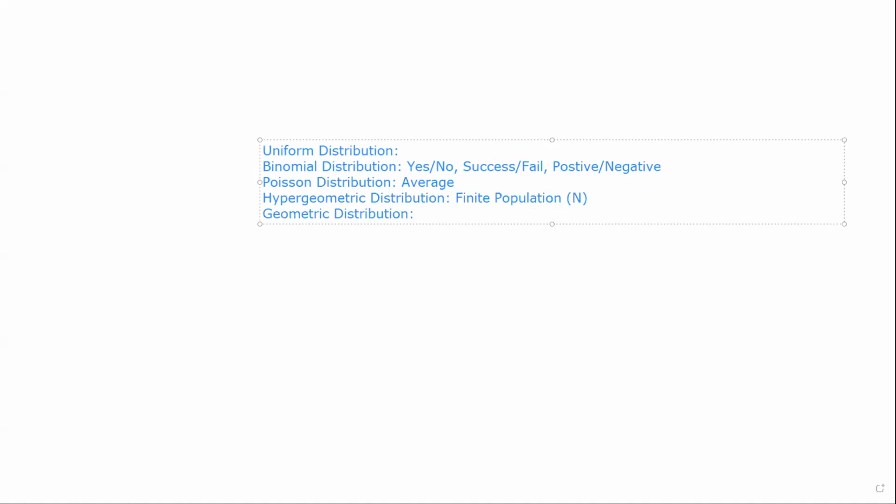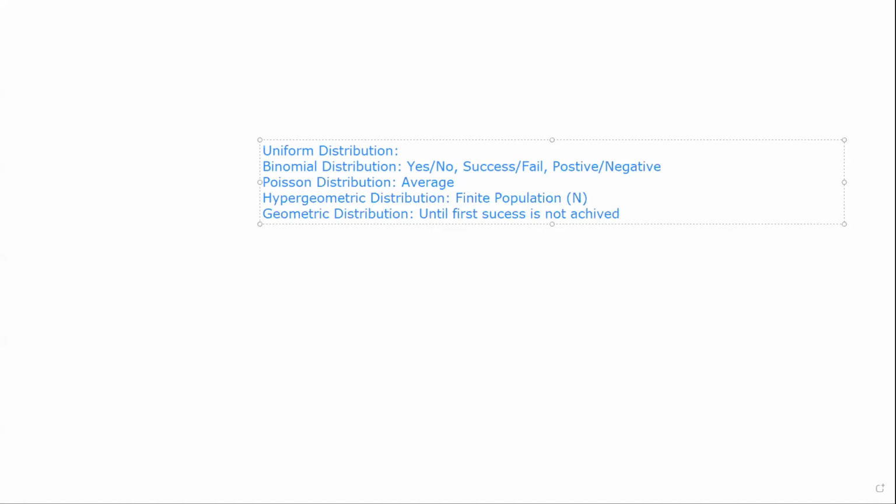This is similar to binomial, it is similar to binomial until the first success is achieved.